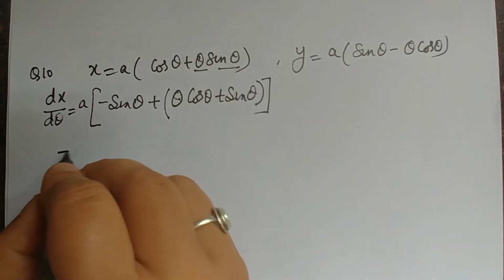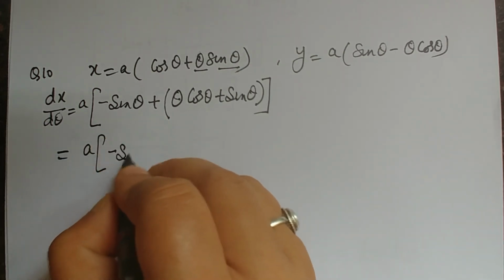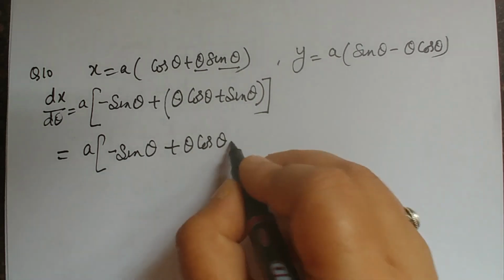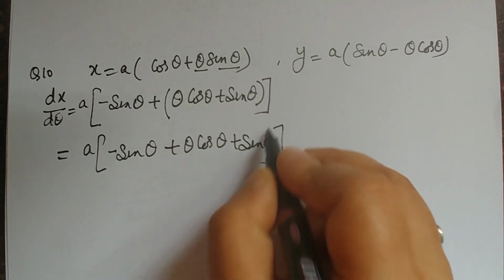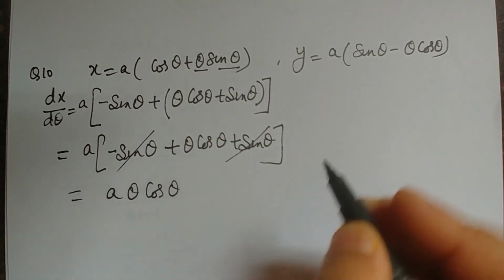Let us settle the things inside first: minus sin theta plus theta cos theta plus sin theta. So it will be a theta cos theta.